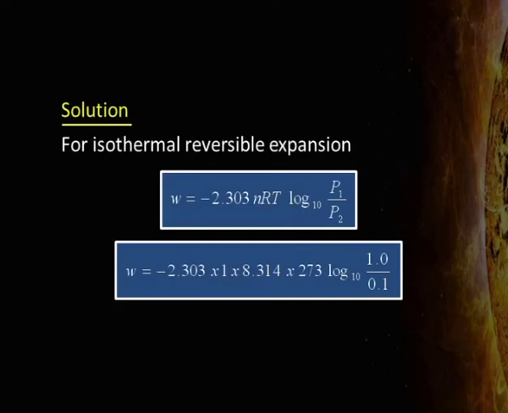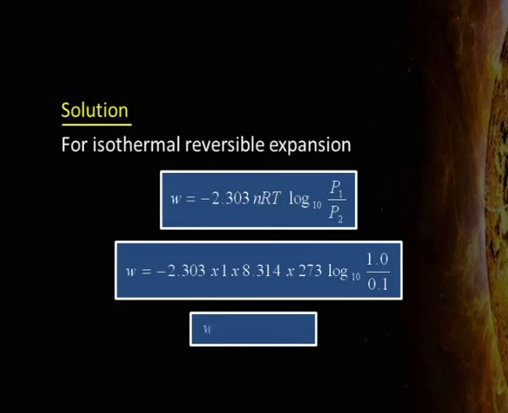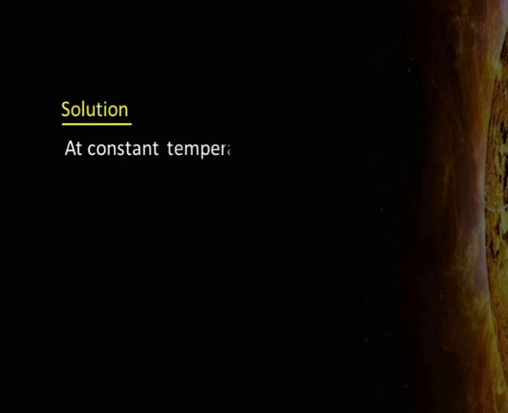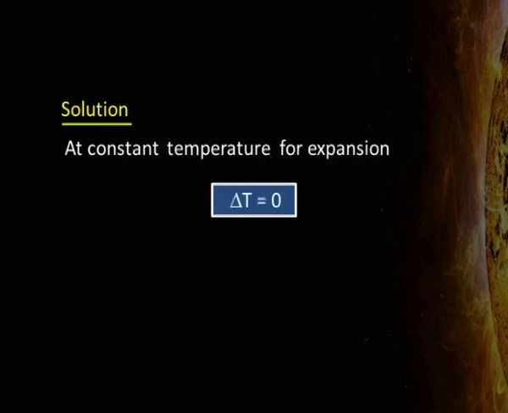You know that log 10 is equal to 1, hence putting the value of log 10, we will have W equal to minus 5227.2 joules.